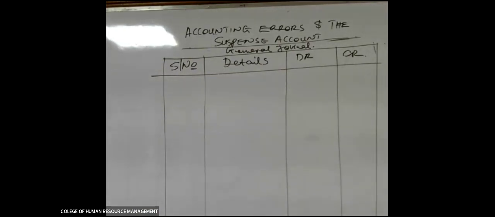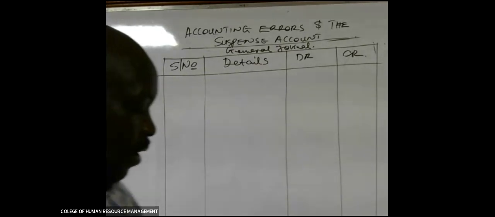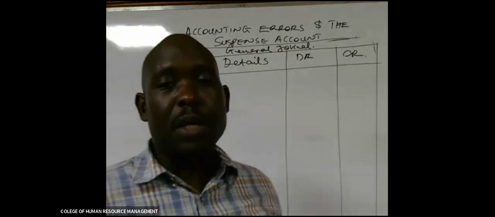So error number 1 says, the first error says that a cash sale of 1,400 was totally omitted.